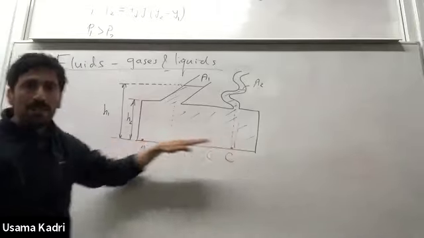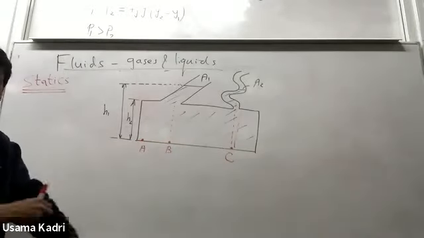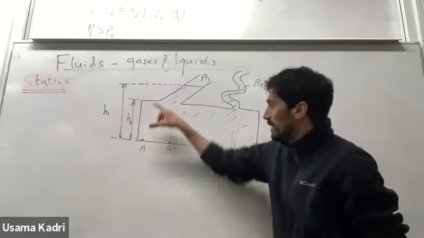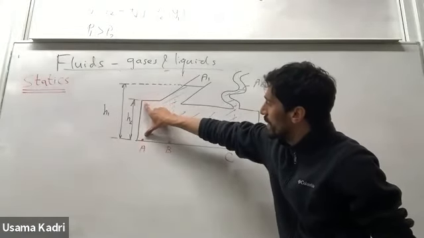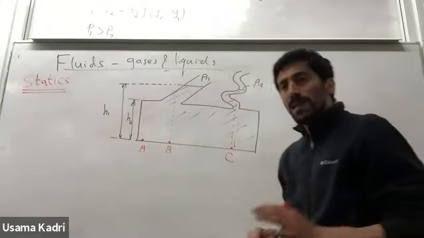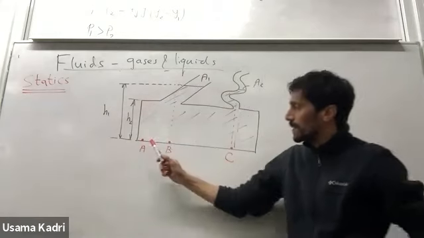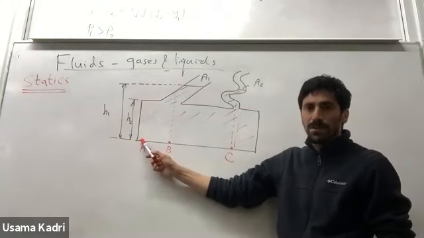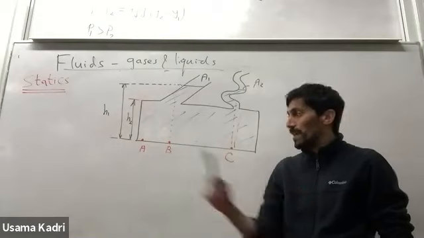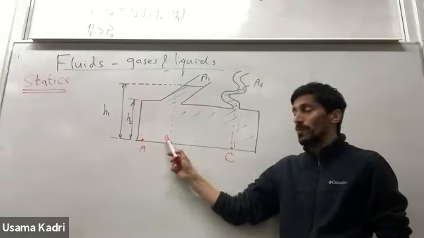They are all at the same depth, right? Now, someone might argue, but wait a second, this depth here is smaller than the depth there. That's correct. But let's ask you another question. What happens if the pressure here was different than the pressure here? Then the fluid would start moving, right?